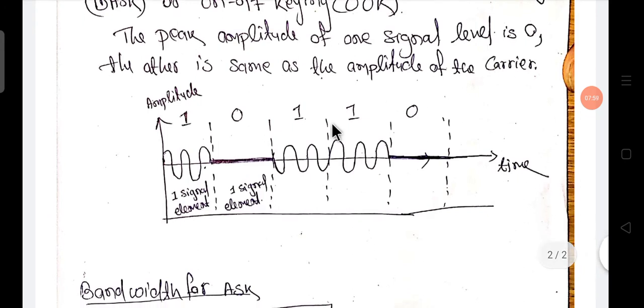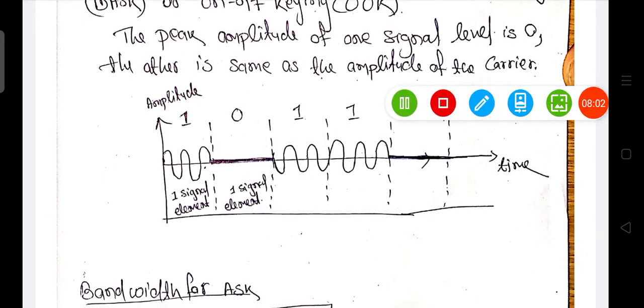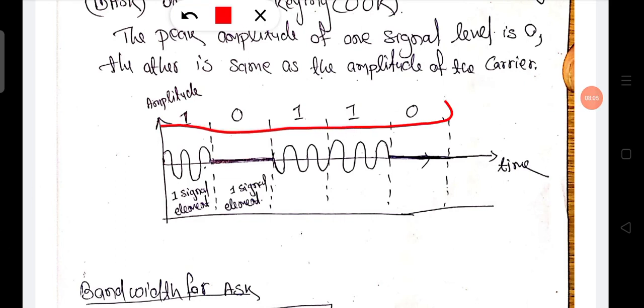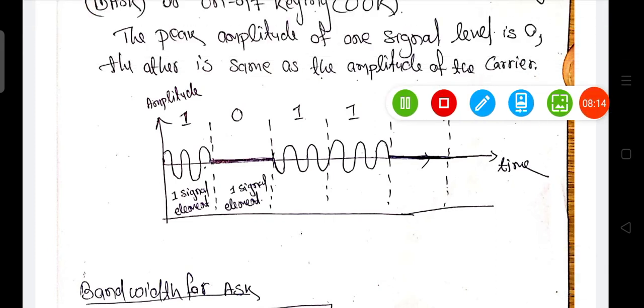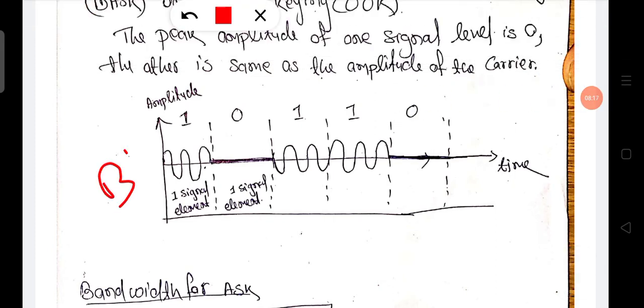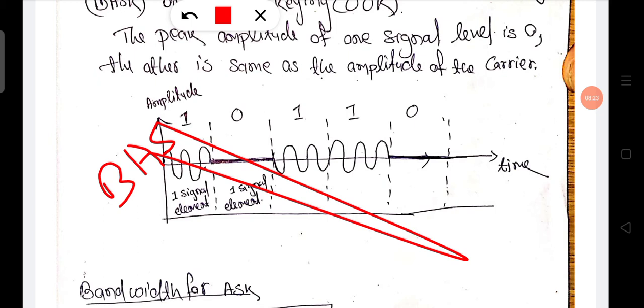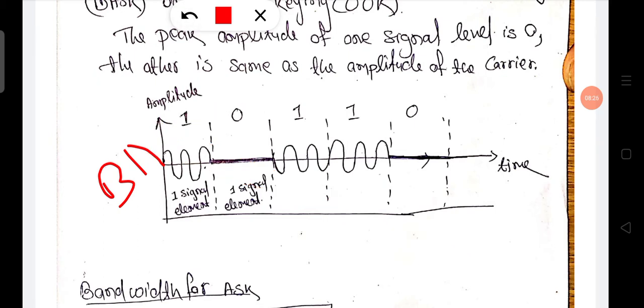Here you see the digital data given to us, and this is the BASK signal. Where there is a 1, the amplitude of the ASK signal is the same as the carrier amplitude.